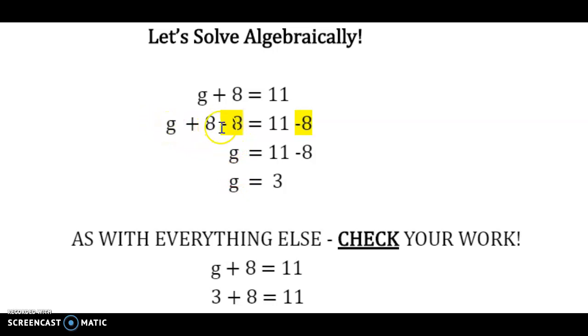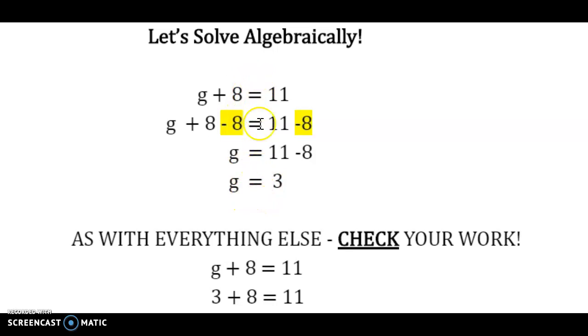So let's subtract 8 on this side and subtract 8 on this side, because when we add plus 8 minus 8, we're going to get 0. So all we're left with is G. As we look at 11 minus 8, we know that we can say G is equal to 3. That's how we get it.